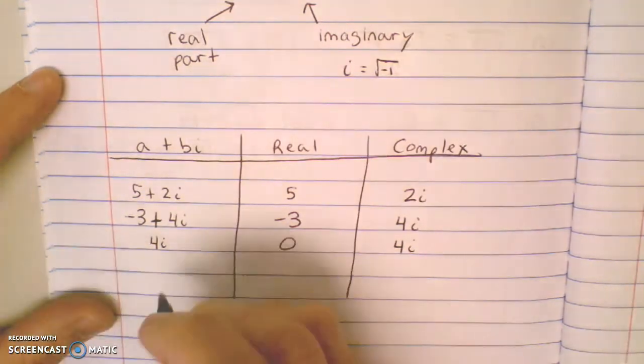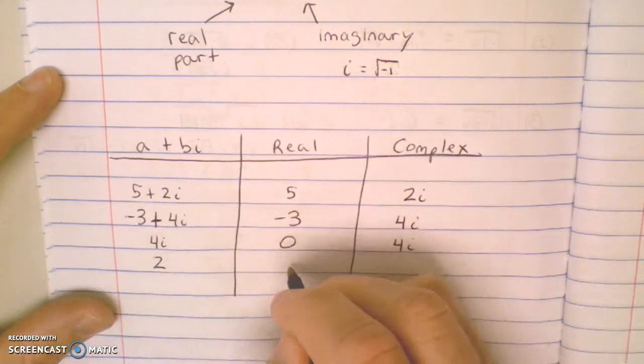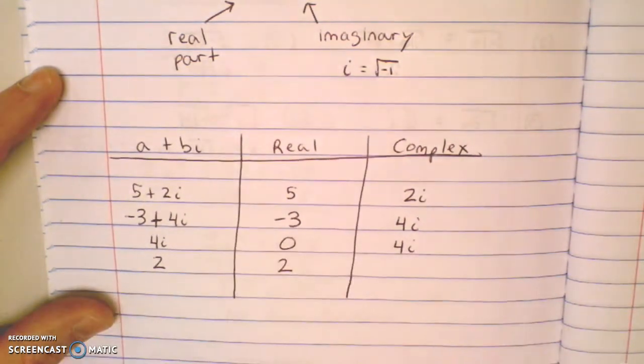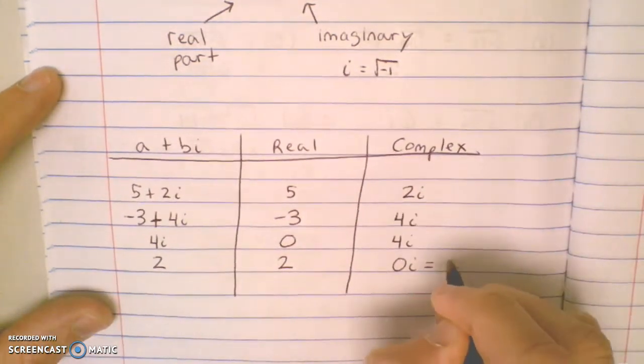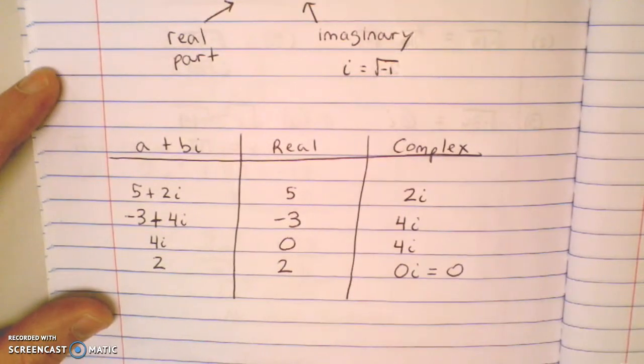And on the other way of that, if I just gave you the number 2, the real part of this one is 2, and the complex part would be 0i, which is just equal to 0, because 0 times anything is 0.